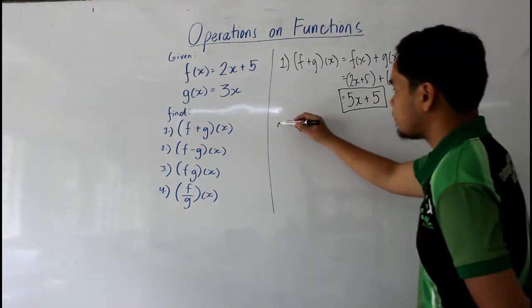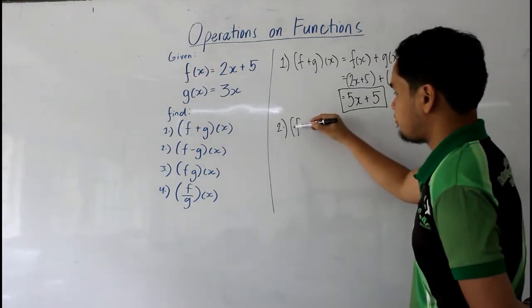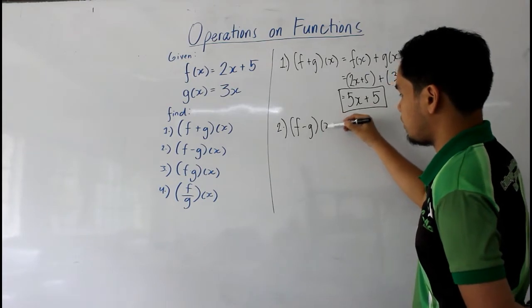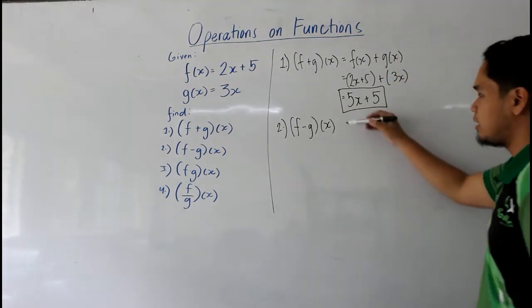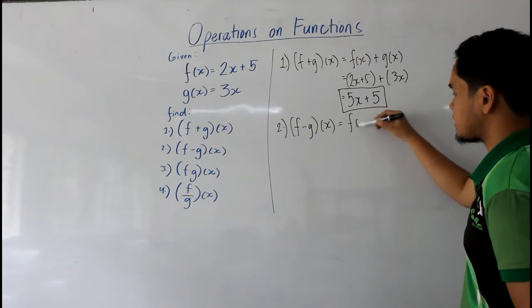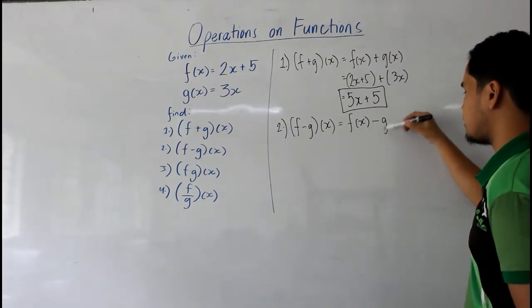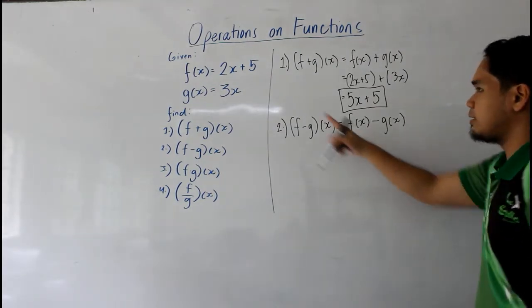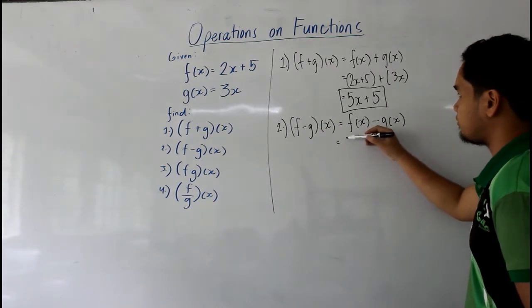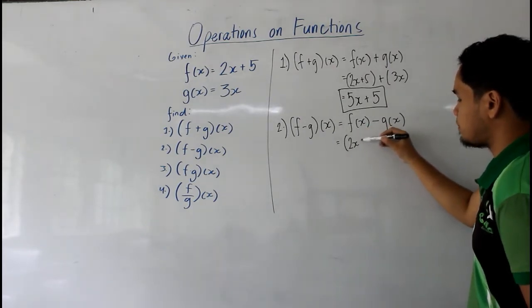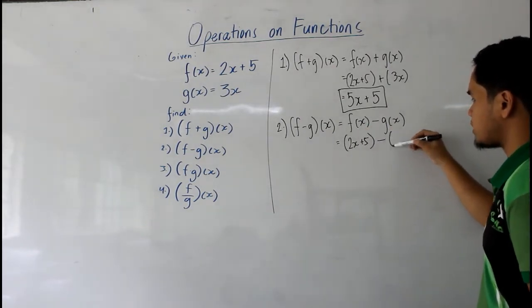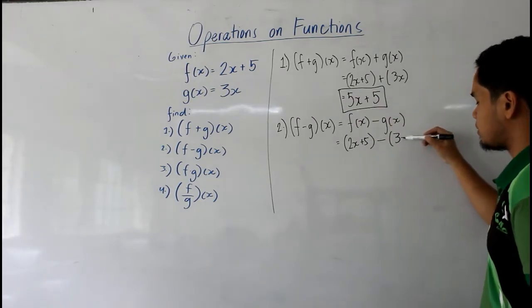Okay, number 2, we have f minus g of x. Again, going back to the formula, we're going to put it as f of x minus g of x. So simply put the f of x here, so we have 2x plus 5 minus your g of x, which is 3x.